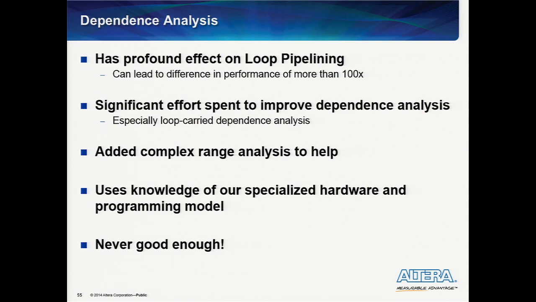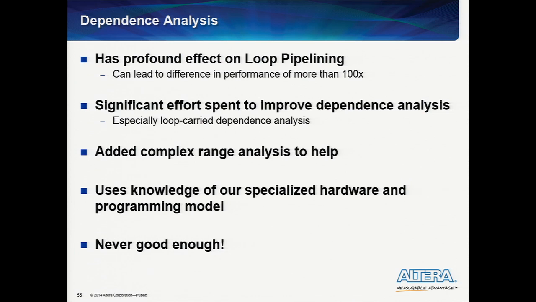So anytime we can reduce a false dependency on a critical path is extremely important to us in order to increase performance. So we've done things like added a complex range analysis to help dependence analysis and reduce false positives. We also have some specialized knowledge of our hardware and programming model that we can leverage. For example, we are going to separate disparate arrays in your program into separate address spaces so that we don't find aliasing between them.